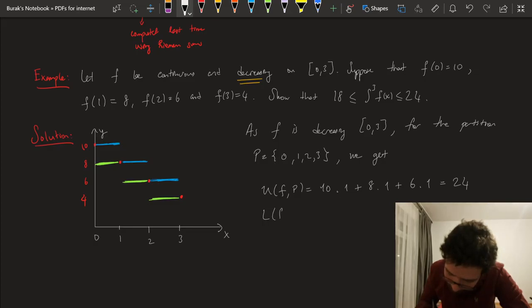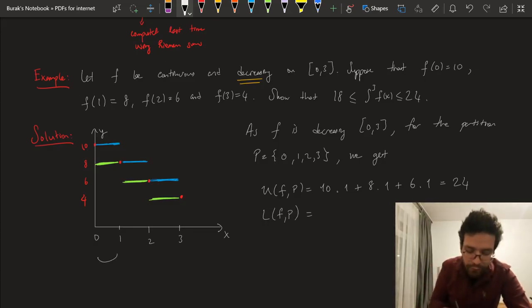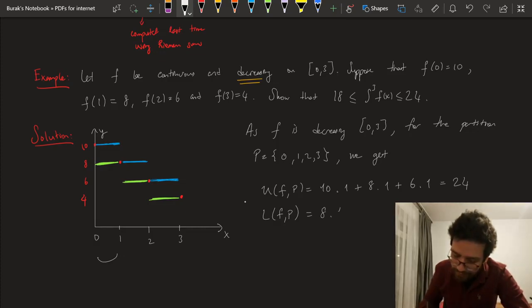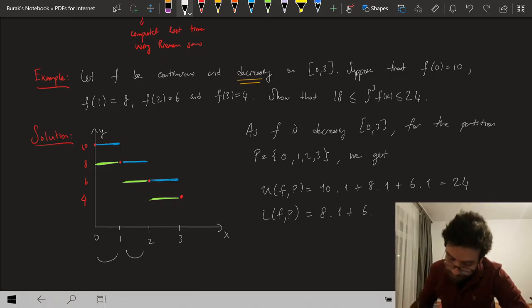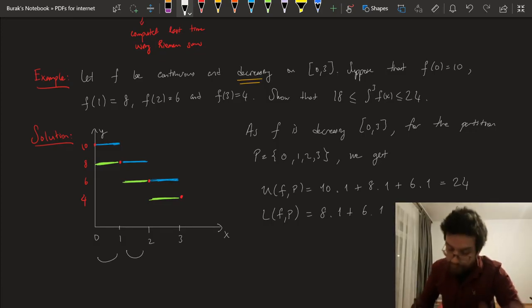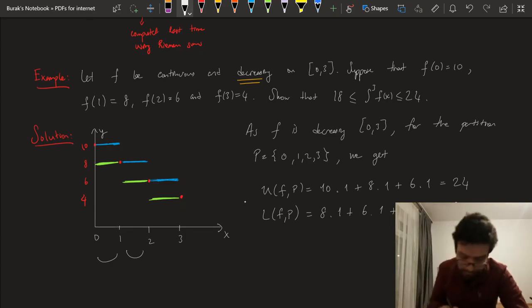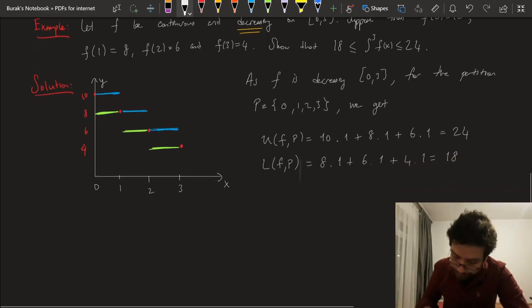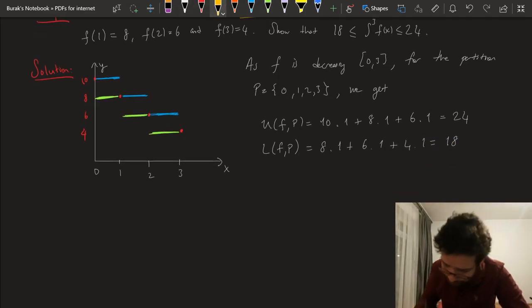And my lower Riemann sum is going to be the least possible value of the function over this interval, which is 8 times the width of this interval, plus the least possible value of the function over this interval, 6 times the length, and similarly 4 times the length, and I'm going to have 18 over here. So this is the maximum.